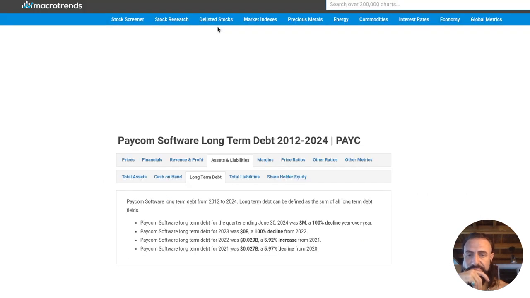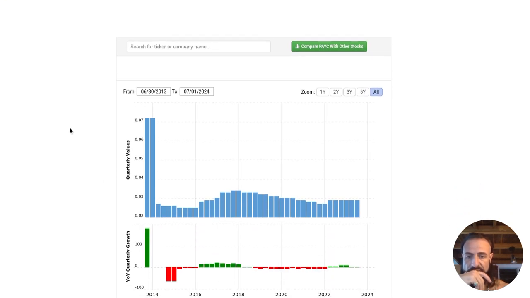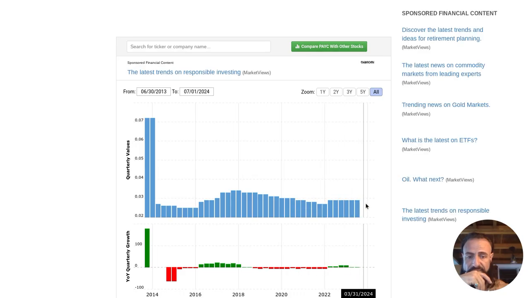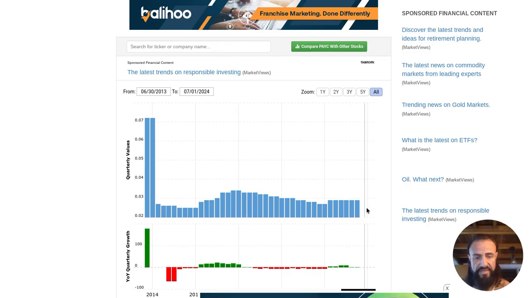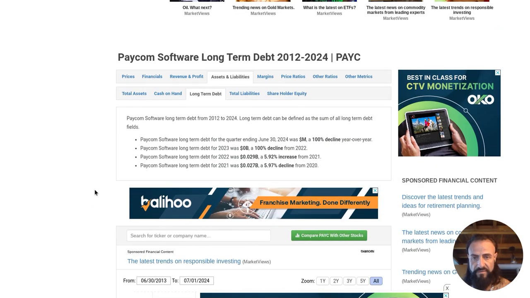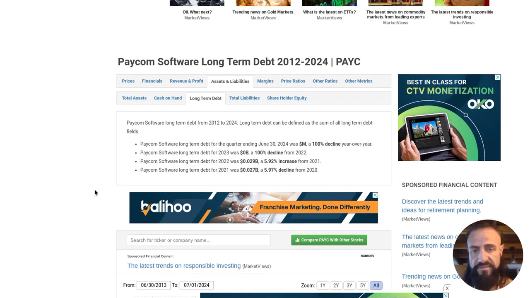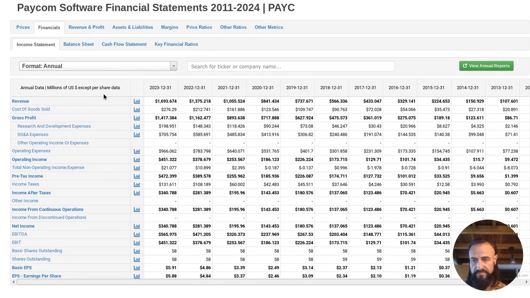In debt, look at the long-term debt. I think they pay it down. They had 29 million in debt and they pay it off. Pretty good. This looks a good company. I want to see the operating expenses.